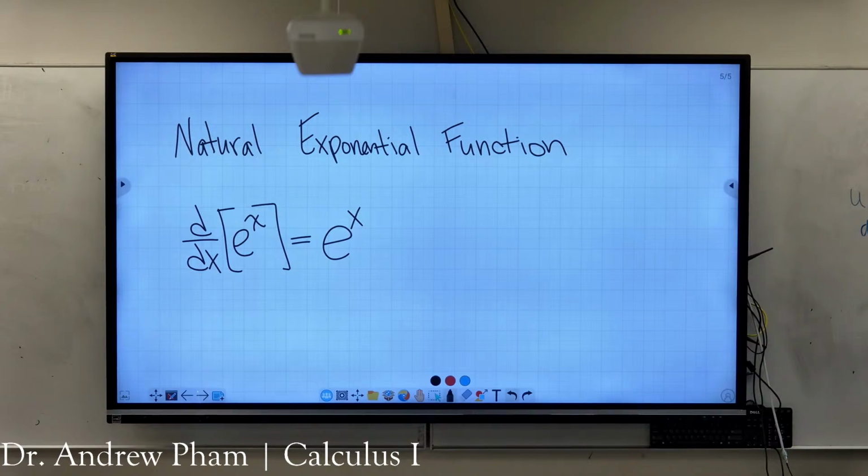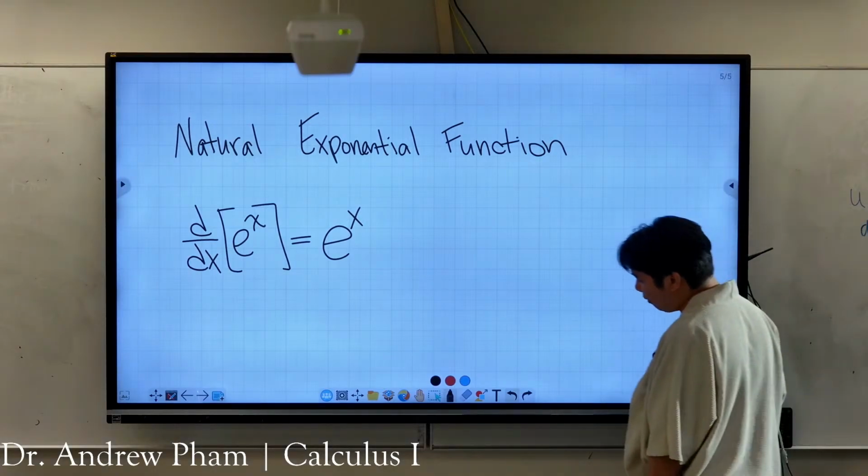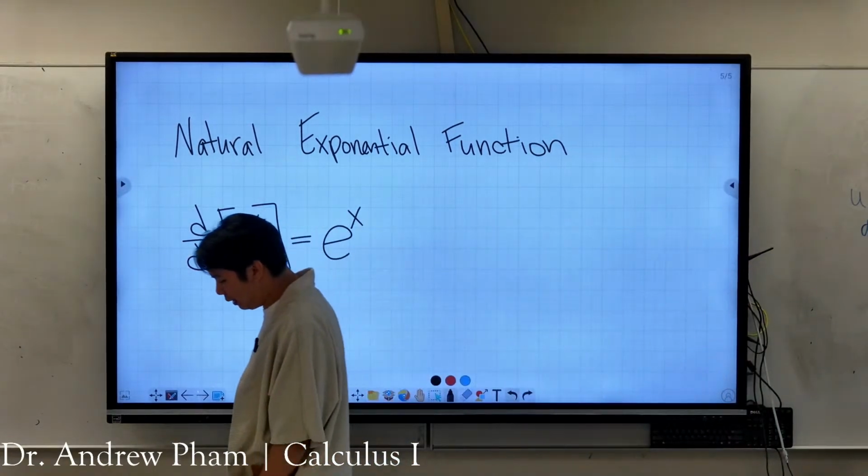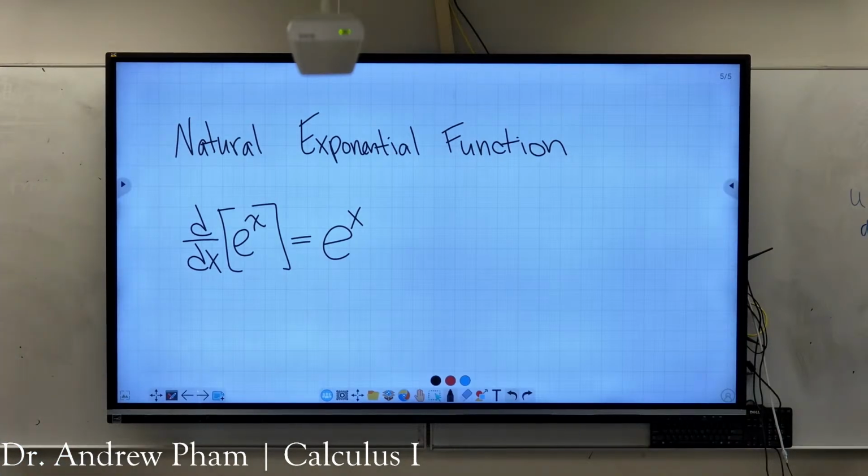Again, I want to point out here, I'm not saying the derivative of negative x, the derivative of x, e to the x squared, just plain e to the x. This is actually the only non-trivial function where the derivative is itself.